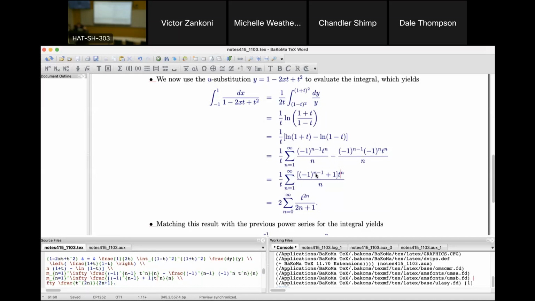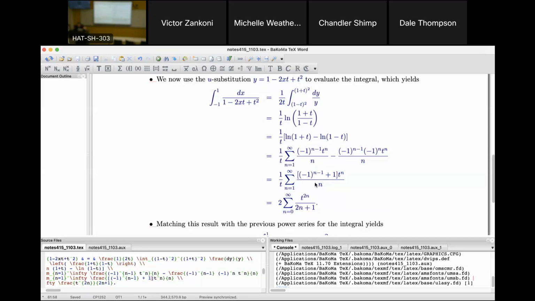So when n is even, then I have minus 1 to an odd power, which would be minus 1, plus 1 will be equal to 0. So in other words, when n is even, this becomes 0, so all those terms go away. So the only time I have a non-zero term is when n is odd.